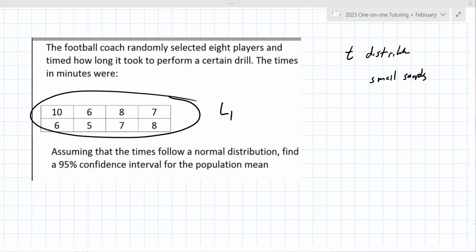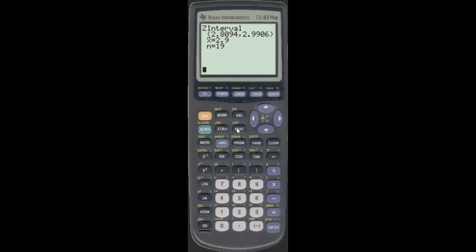I'm going to go to stat edit, and then hit enter. Stat edit right there, number 1. I'm going to put these data points in for L1: 10, 6, 8, 7, 6, 5, 7, 8.